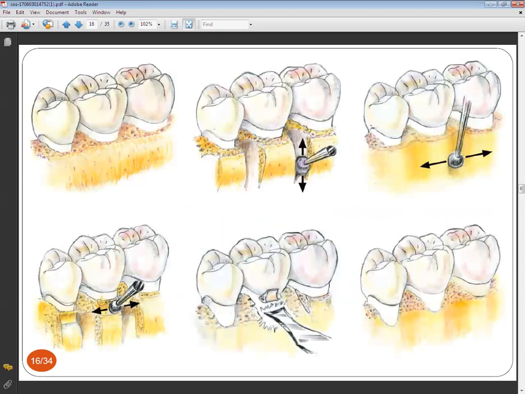Now this diagram shows the vertical grooves given at the line angles. After giving the vertical grooves, it helps to reduce the thickness of your alveolar bone housing. Once you give a vertical groove, then radicular blending.